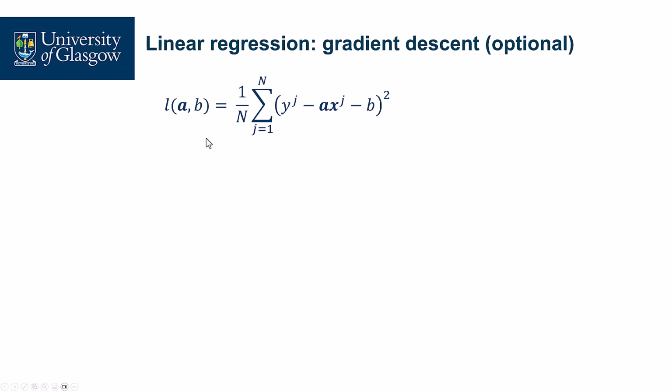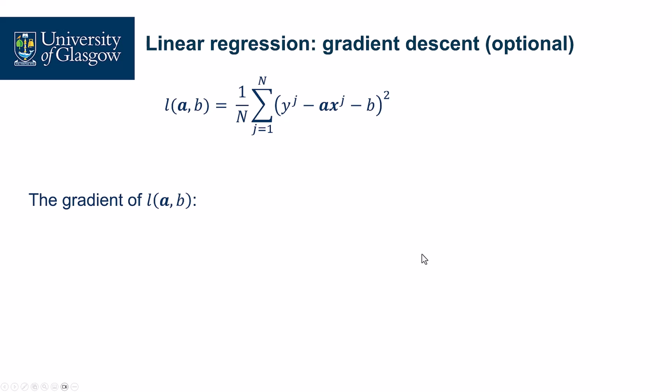These are different things. The x_j and y_j are the samples, which are known numbers, and j refers to the index of the samples, and there are n samples in total. a and b are the decision variables, and a is a vector.